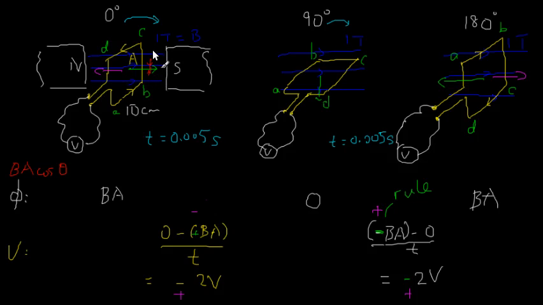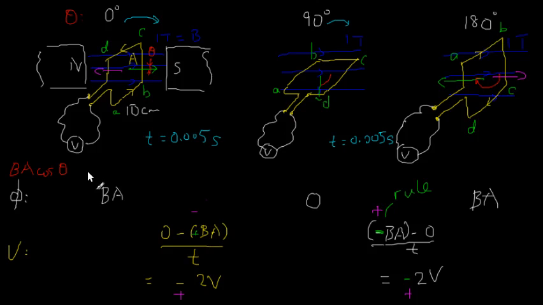So, for example, here the theta is this angle between the green line and the magnetic field line. So in this case, theta is 0 degrees. In this case, the angle is 90 degrees. In this case, the angle from there to there is 180 degrees.